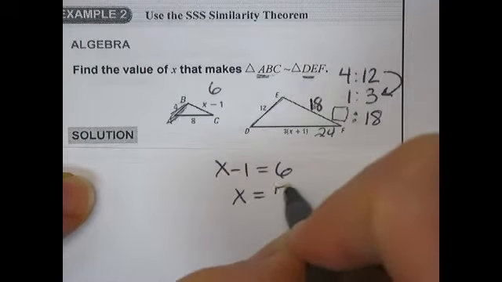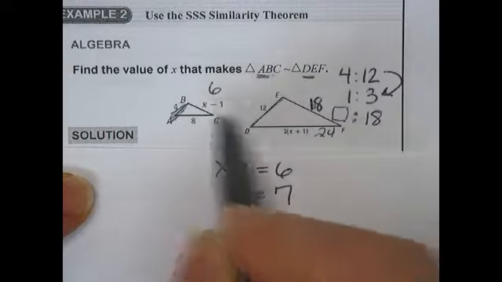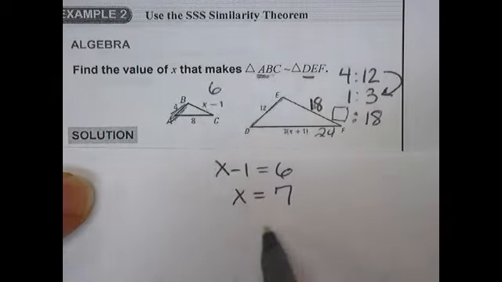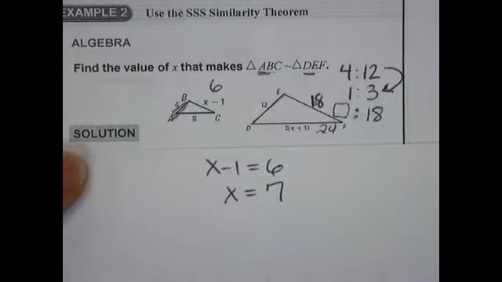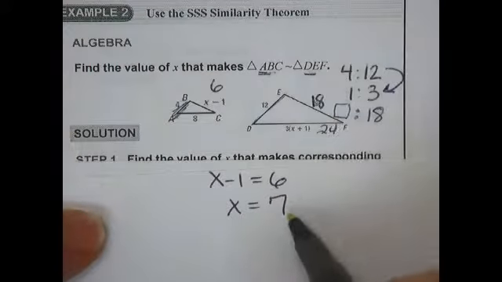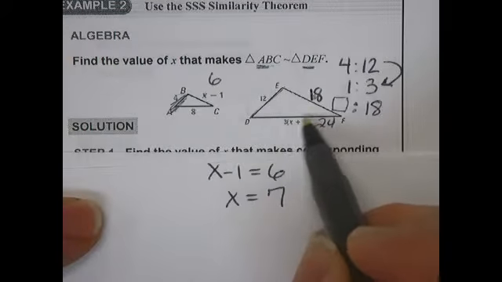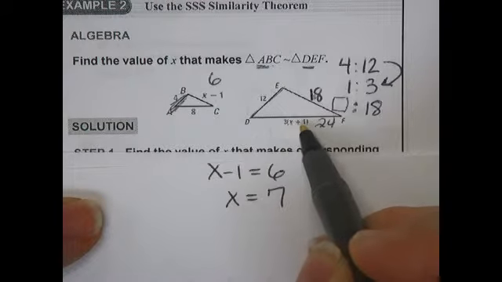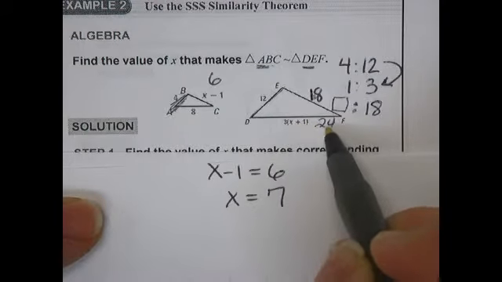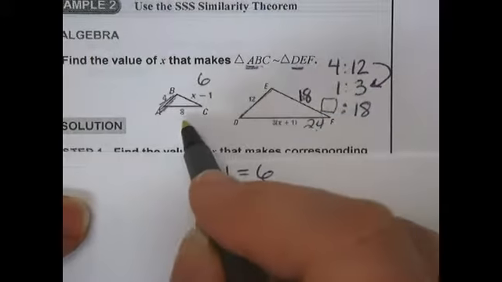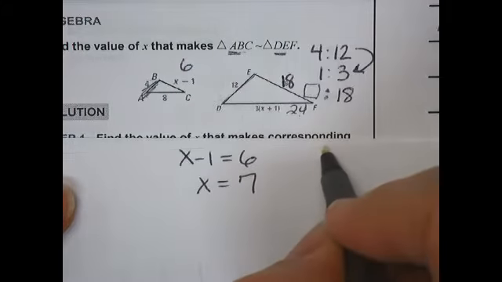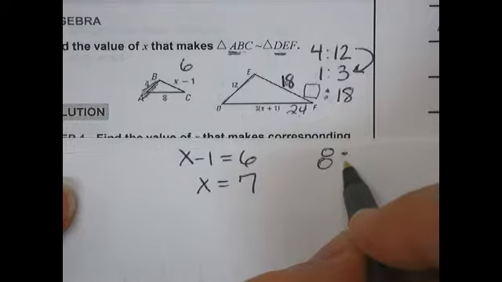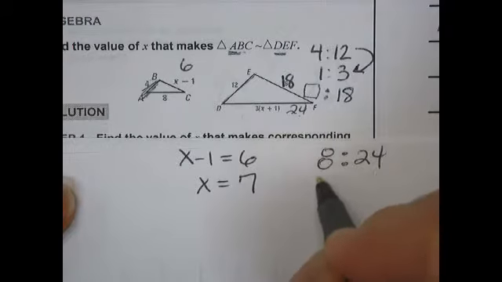To finish this up, we just solve. x minus 6 has to be equal to 6, so x is 7. Then we double check: if we plug 7 into side DF, 7 plus 1 is 8, 8 times 3 is 24, which corresponds with side 8.